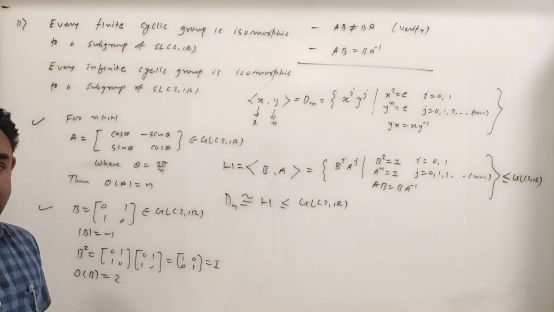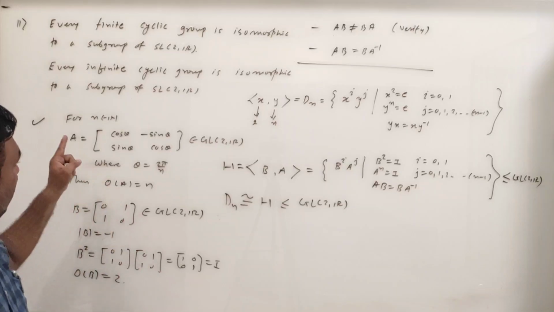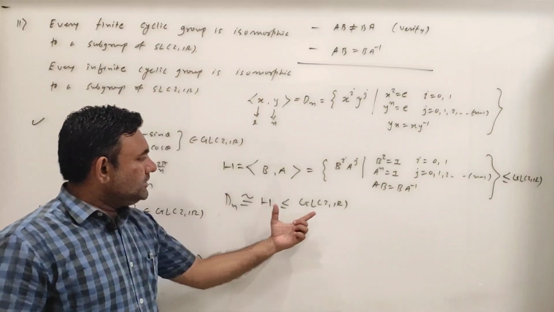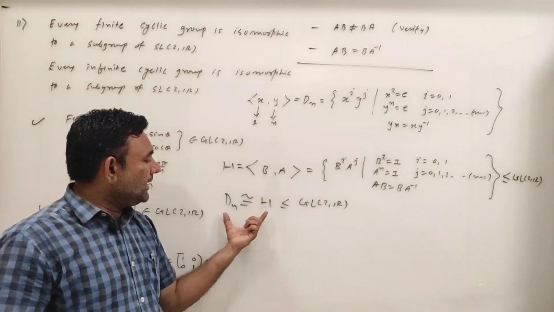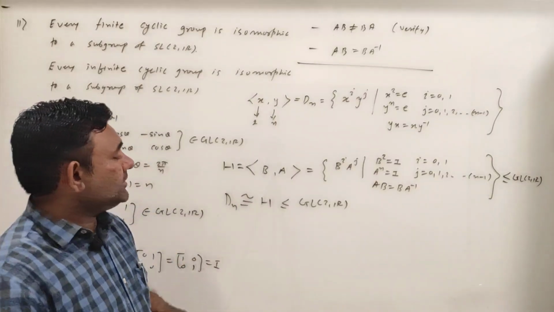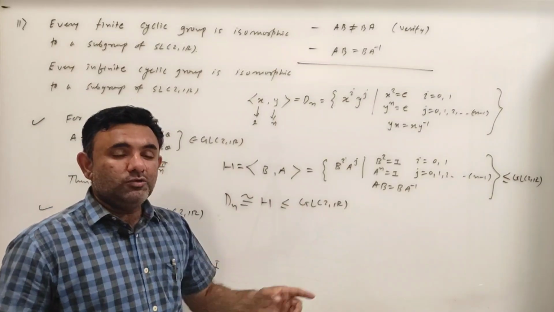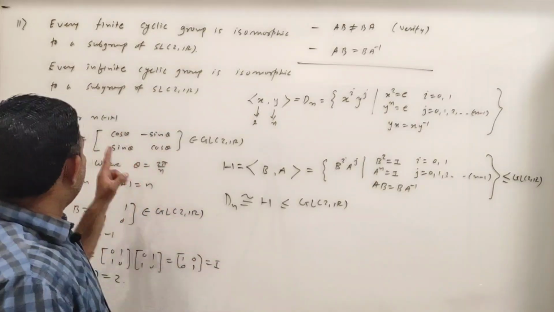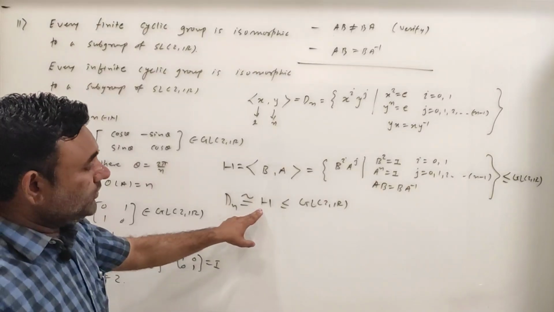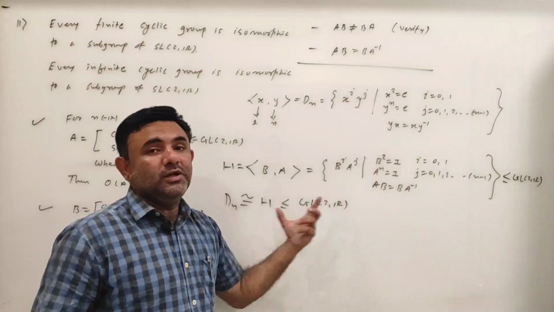In fact, it is Dn, right? So for every n in N, GL2R has a subgroup like Dn. So Dn is isomorphic to a subgroup of GL2R. So for every n belonging to N, Dn is isomorphic to a subgroup of GL2R.